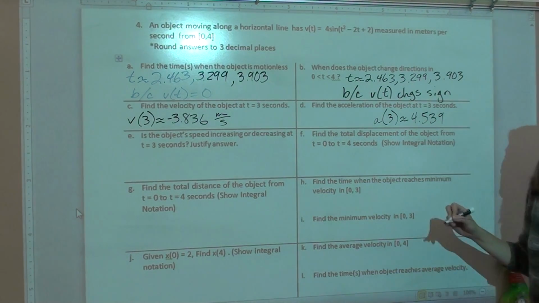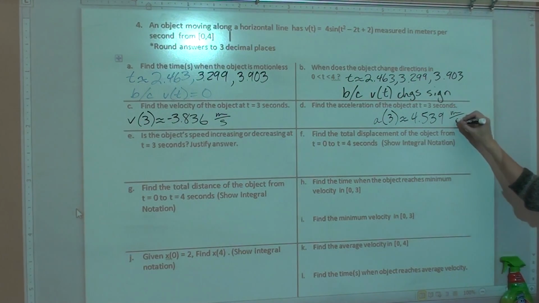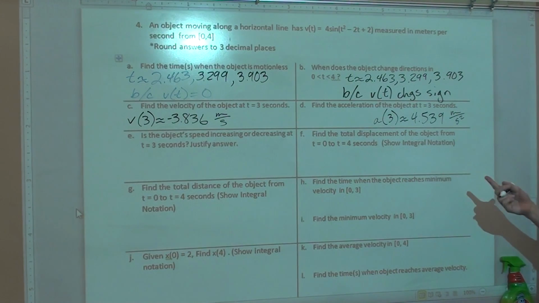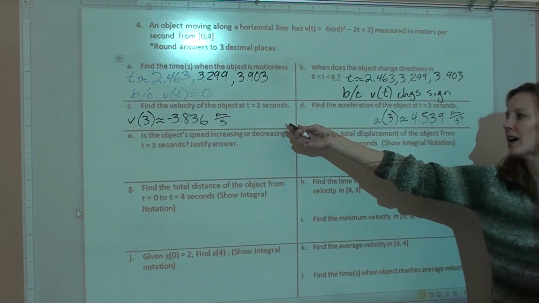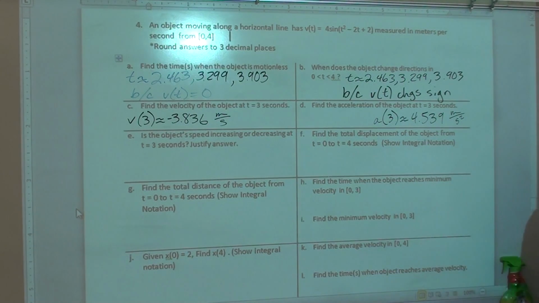What would the units be for acceleration? Meters per second squared. So, without doing any calculator work now, this is our velocity, this is our acceleration. Is the speed increasing or decreasing at t equals 3? Decreasing because v of t is less than 0 and a of t is greater than 0. Beautiful.